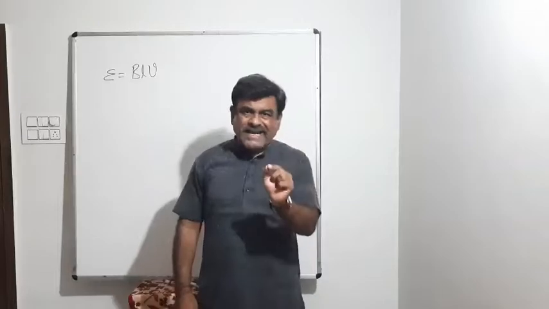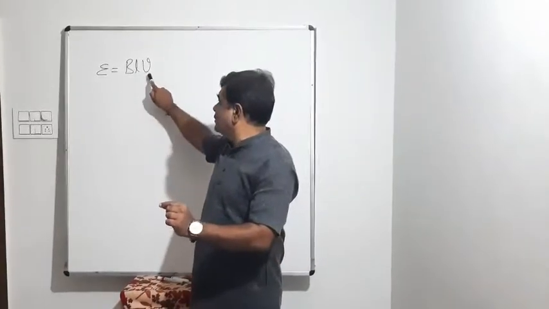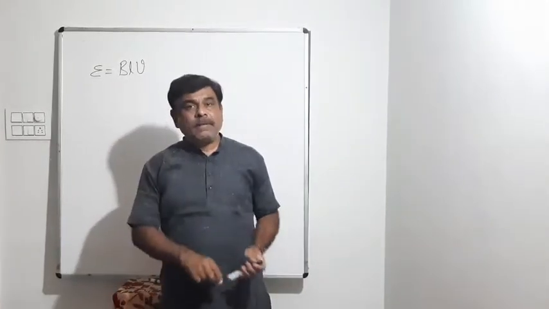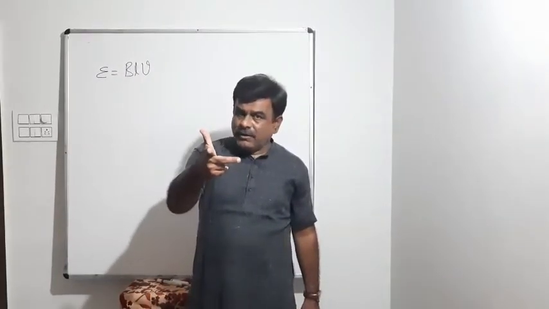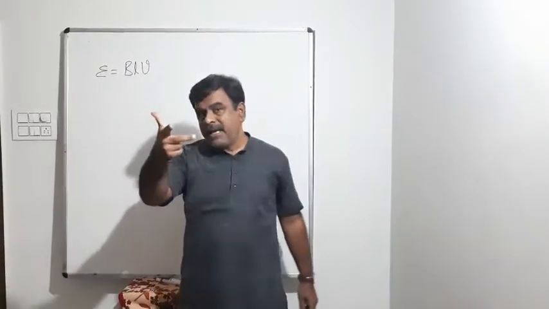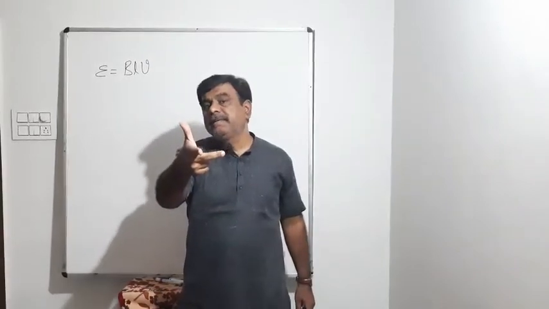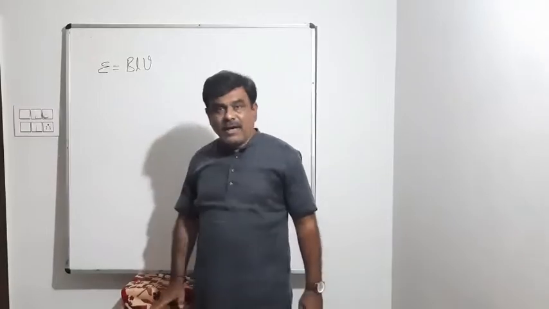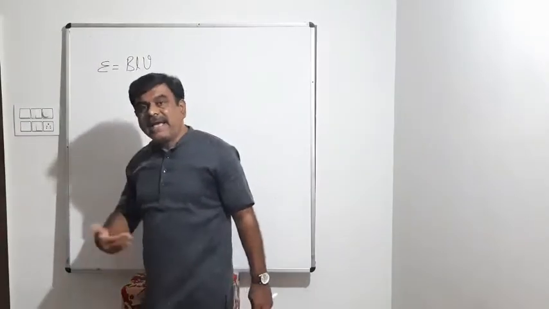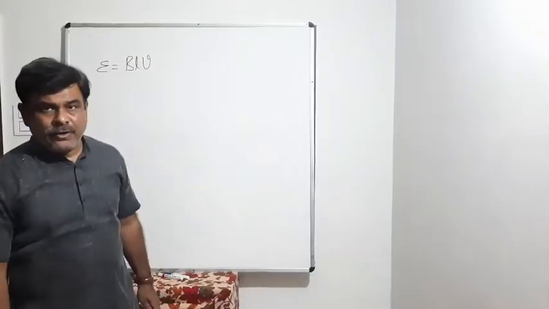But while applying this concept, remember an important parameter: all three quantities B, L and V should be mutually perpendicular. E equals BLV is only applicable when all three B, L and V are mutually perpendicular.